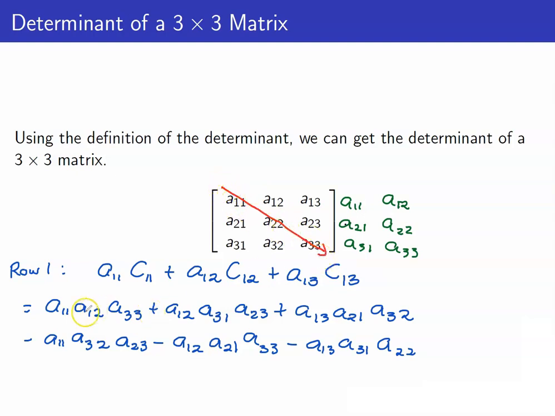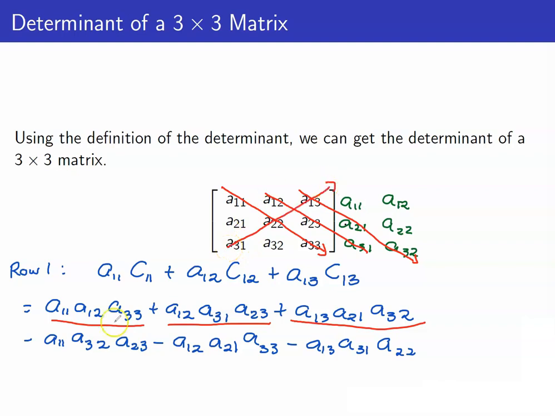A11, A22, A33, that is this term. And then next, go down, you have A12, A31, A23, that is this term. And then A13, A21, A32, that is this term. Next, you draw arrows going up.